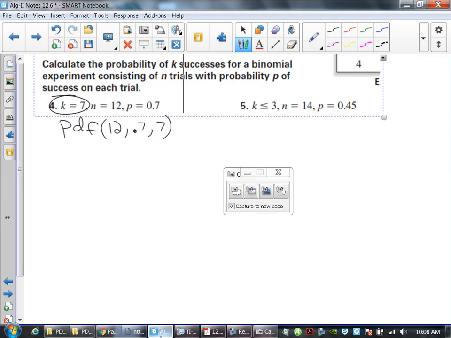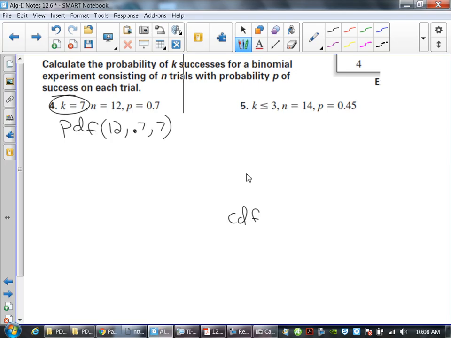Whereas the other one says less than or equal to 3. It's a CDF problem. Now, what I want you to think of is you have n number of trials of 14. So we start at 0. I want the number of successes to be less than or equal to 3. So PDF is when k is an exact number, yep.